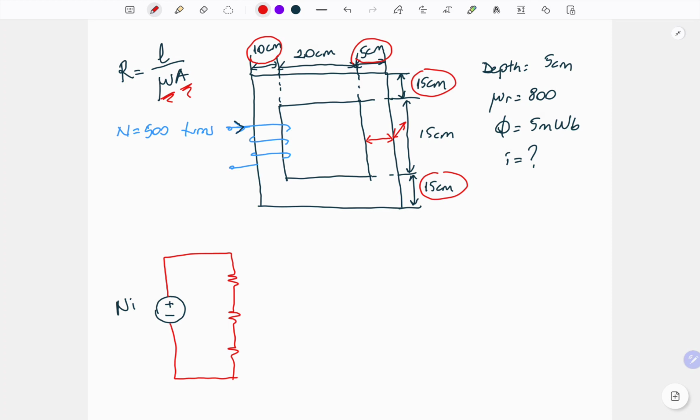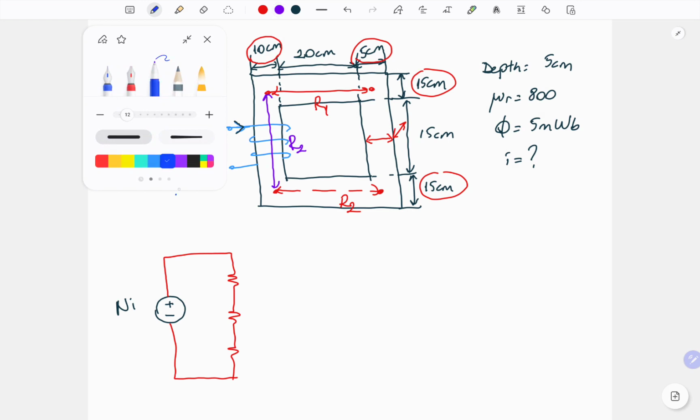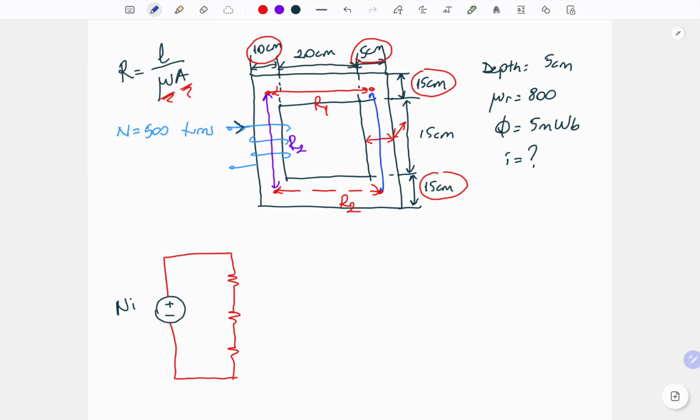Let's try to clarify them. We can separate them with different names. For example, our 15 centimeter width can be called R1, the other one, for the left side, let's say R2, and for the right leg we can call it R3.